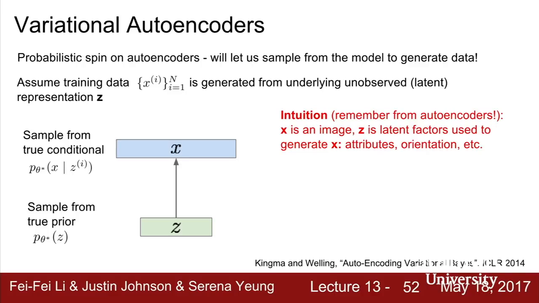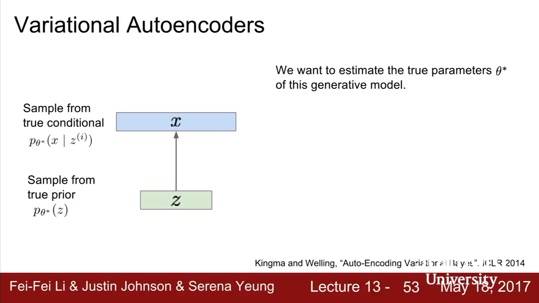So we sample z first, we sample a value for each of these latent factors, and then we use that to sample our image x from here. And so the true parameters of this generation process are theta star, right? So we have the parameters of our prior and our conditional distributions. And in order to have a generative model that can generate new data, we want to estimate these true parameters.